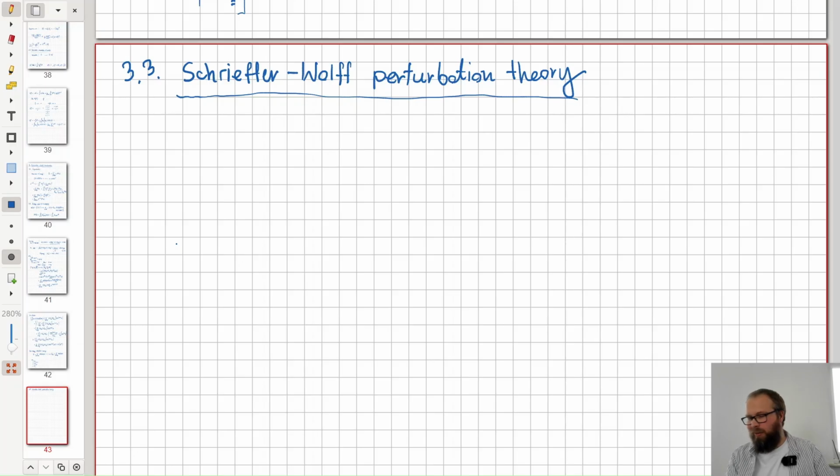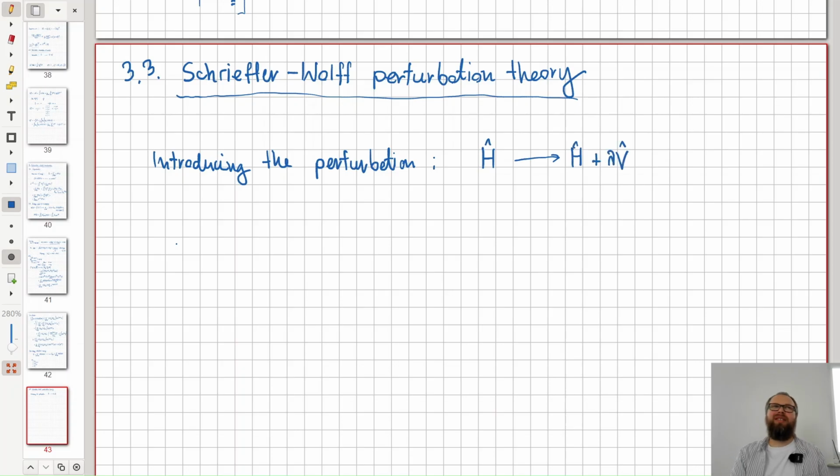So we moved from H to H plus lambda V, the perturbation, and the lambda parameter helps us keep track of the strength of this perturbation.